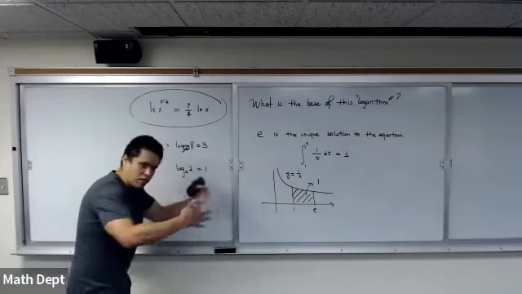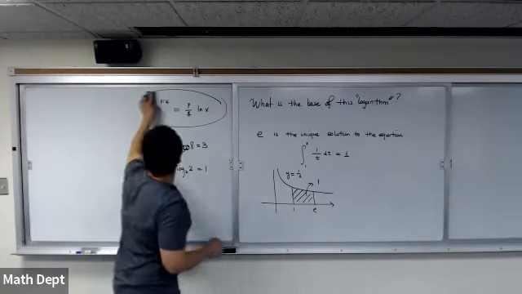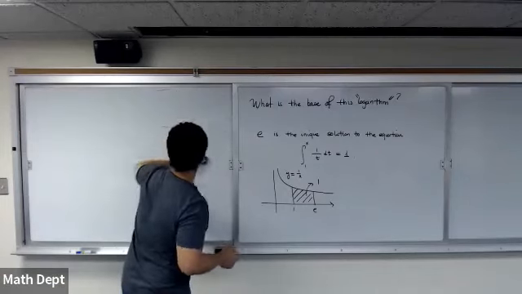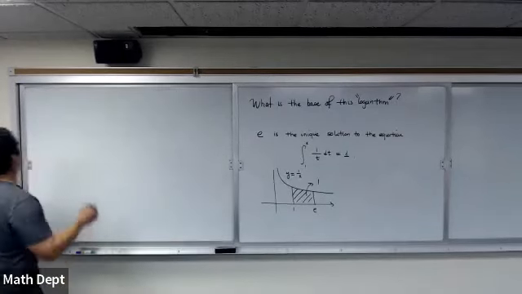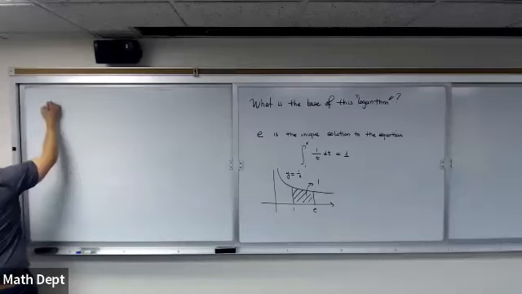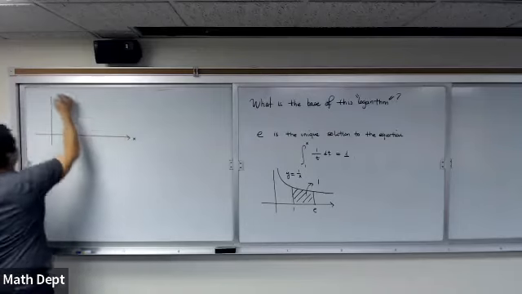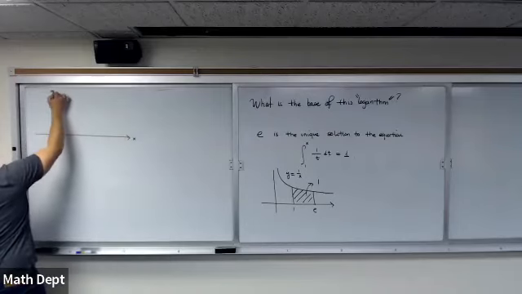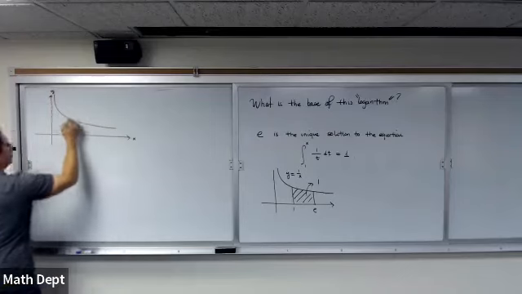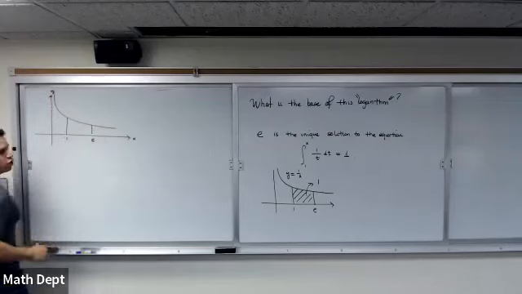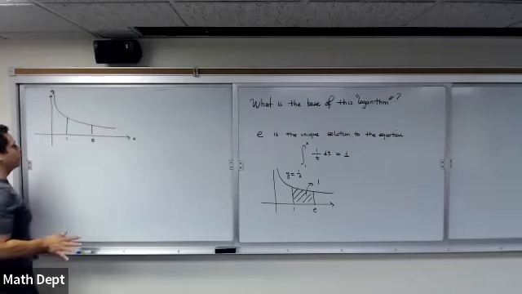But can you give me at least some bounds of what it is? Yes, we can do some bounds. Let's do some bounds. By looking at this graph, just to get some geometrical intuition, I know that the number is there. It's just that I don't know which one it is.